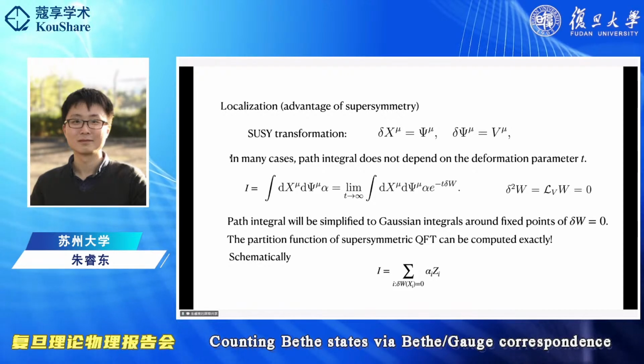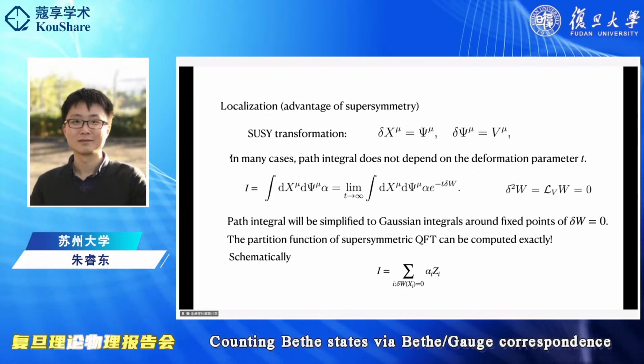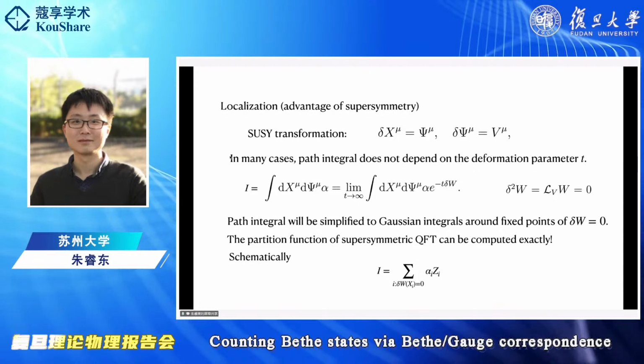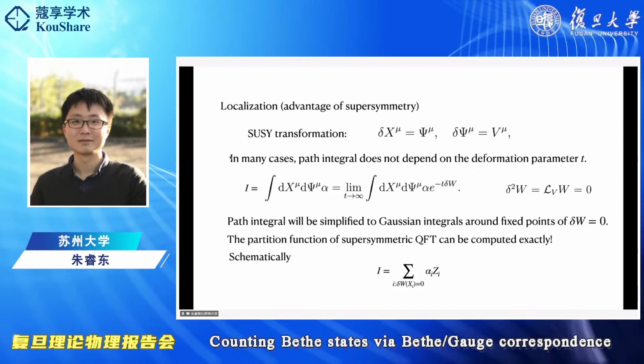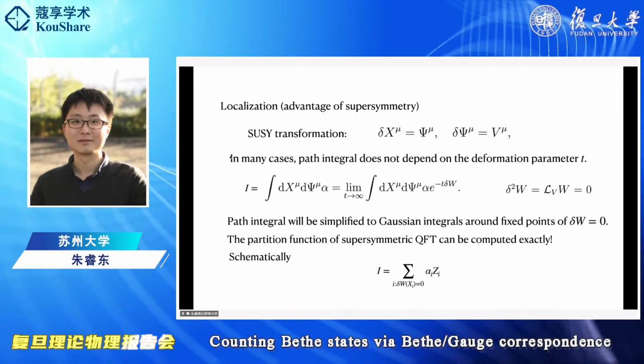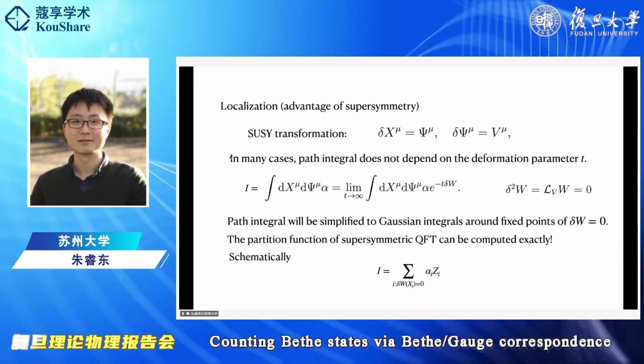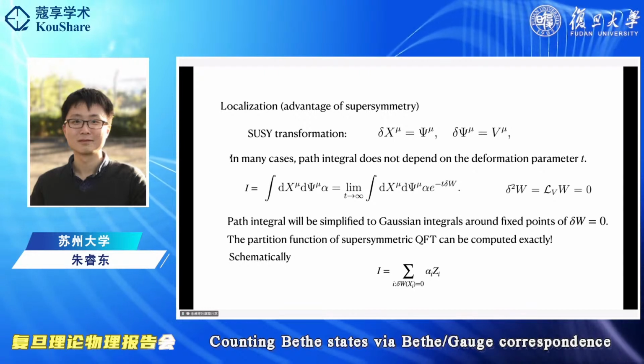What is delta W? Delta W is the supersymmetry transformation of W. So you see, in W we replace X by psi to get this delta W. You can think of it as an infinitesimal transformation.